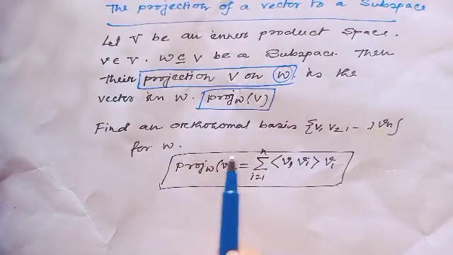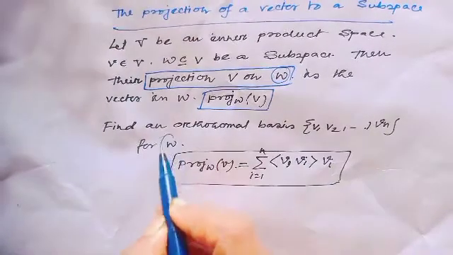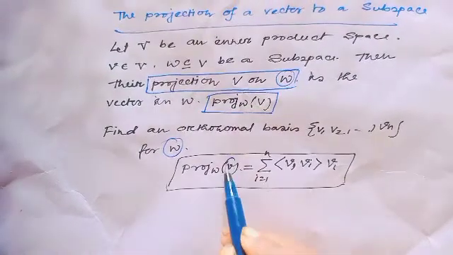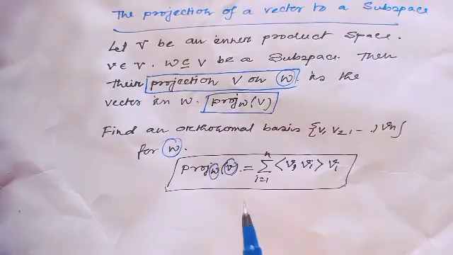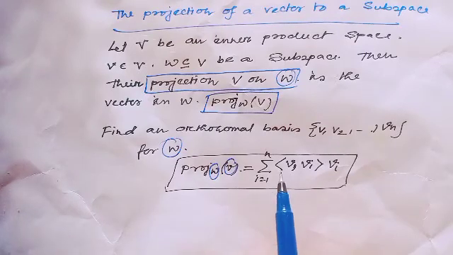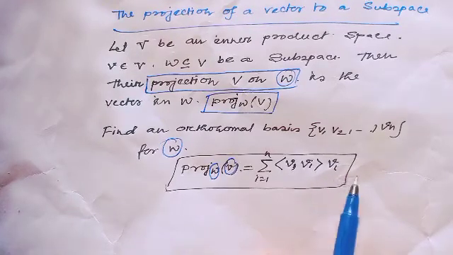At first, find an orthonormal basis v1, v2 up to vn for the subspace W. Then the projection of v on W equals the summation i equal to 1 to n of the inner product of v with vi times vi.